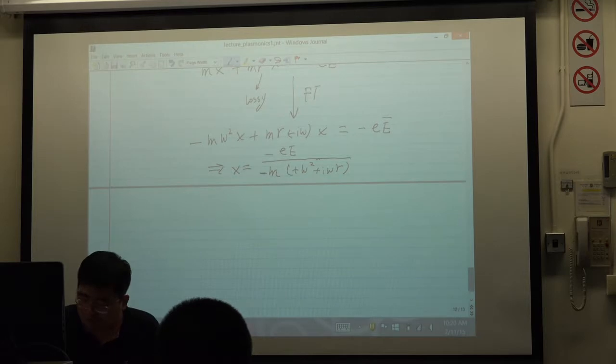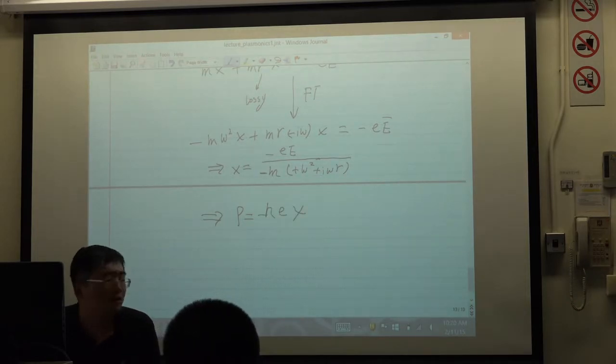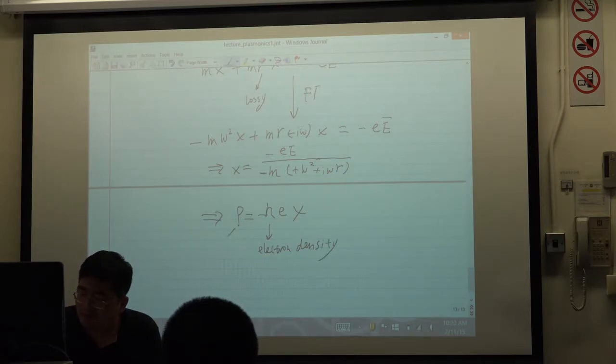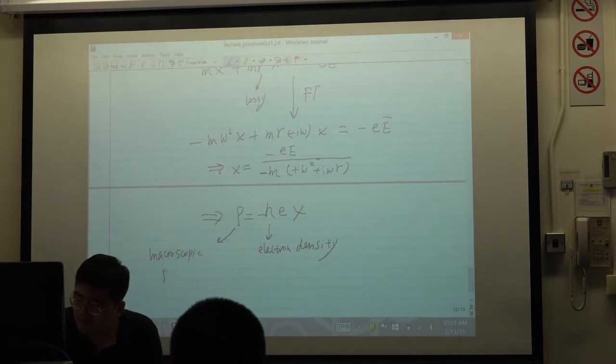So what's the definition of polarization? Polarization is just the sum over many electrons, the electron density times the displacement. This is the microscopic polarization, because they have a collective electron behavior.